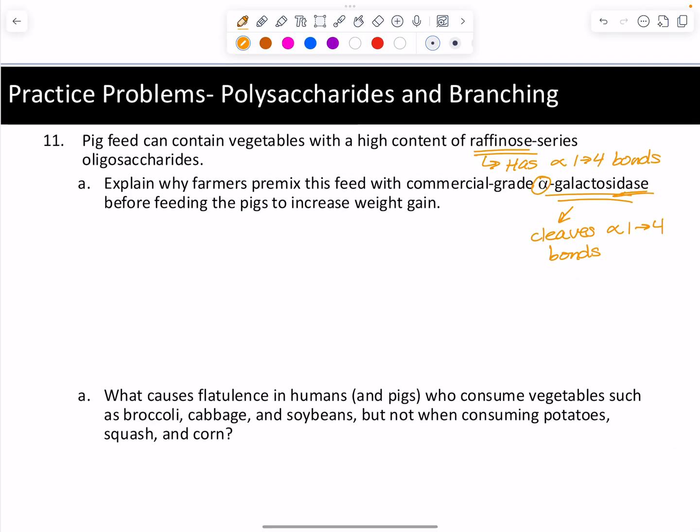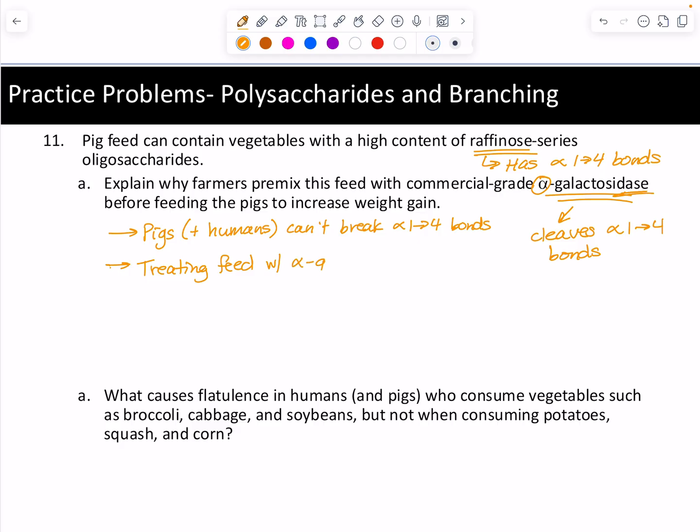So here's the deal, right? Pigs and humans can't break alpha 1 to 4 bonds, okay? But if you treat the feed with alpha galactosidase, it breaks the raffinose into monomers.